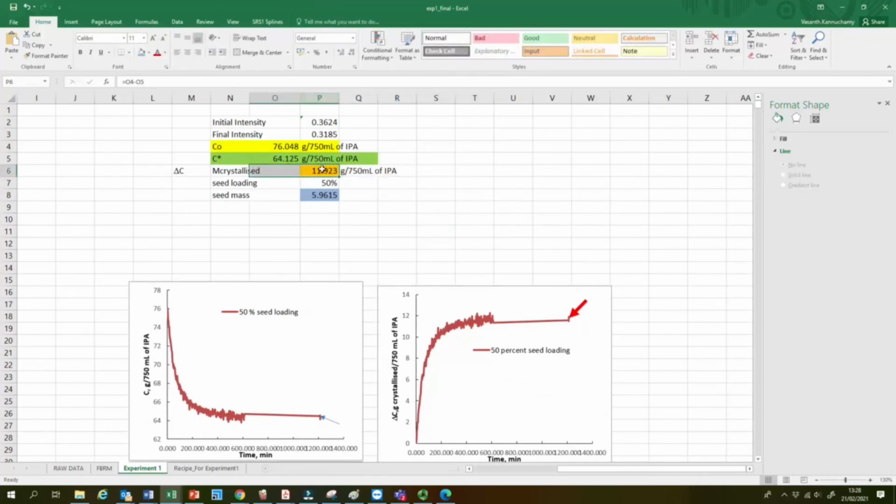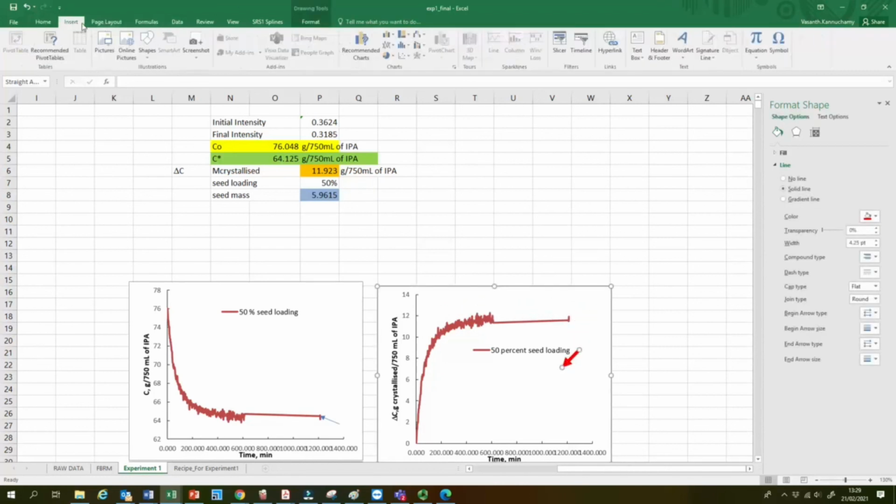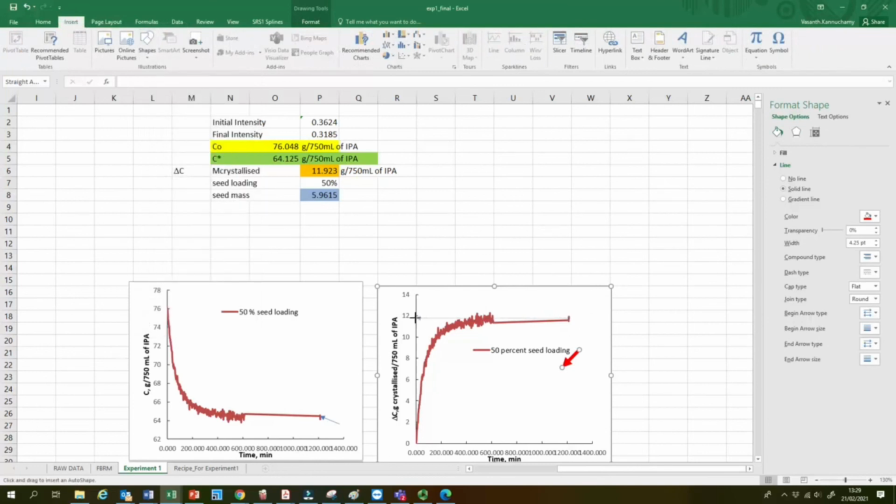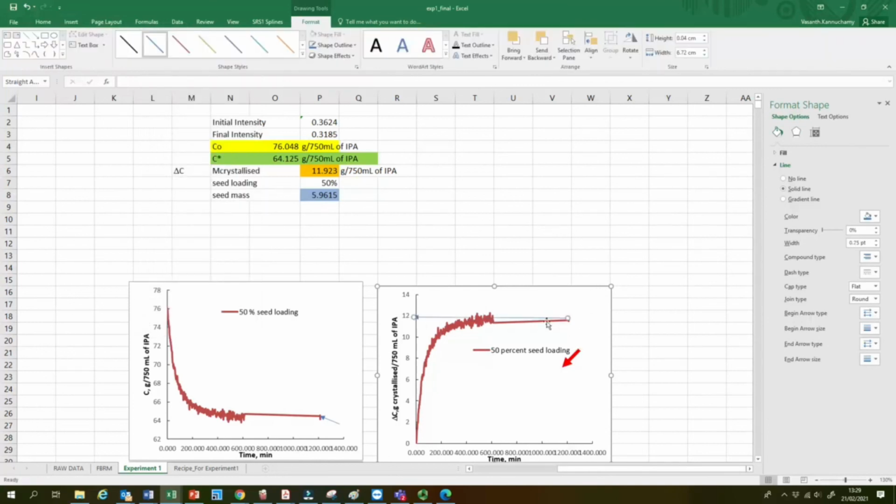You see that in the orange highlight here, 11. So you start from 0, and this is the amount you crystallize, roughly around 11.923, near 12. If you want, I can draw another line here. So this will be equal to 11.925. Check the blue arrow.